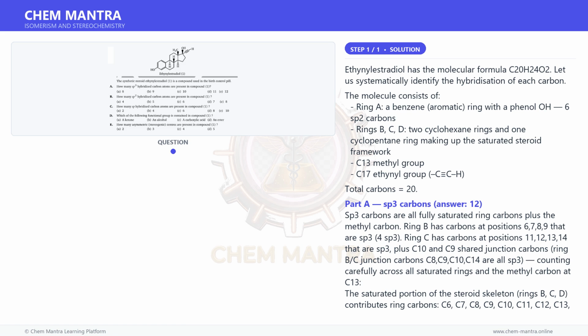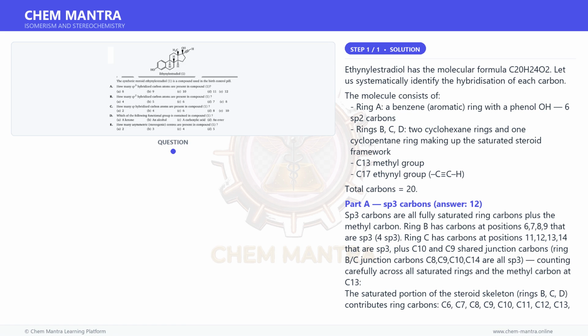Ring B has carbons at positions 6, 7, 8, 9 that are sp3, 4 sp3. Ring C has carbons at positions 11, 12, 13, 14 that are sp3, plus C10 and C9 shared junction carbons.